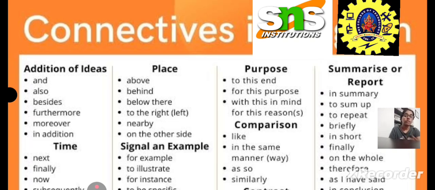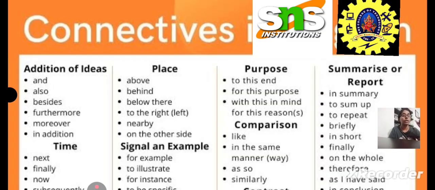Then comes cause and effect. This is a kind of connective we use to show the reason or the result. There we use because. For example, if I ask you to give reasons, why were you late to the class, or why didn't you write the test well?